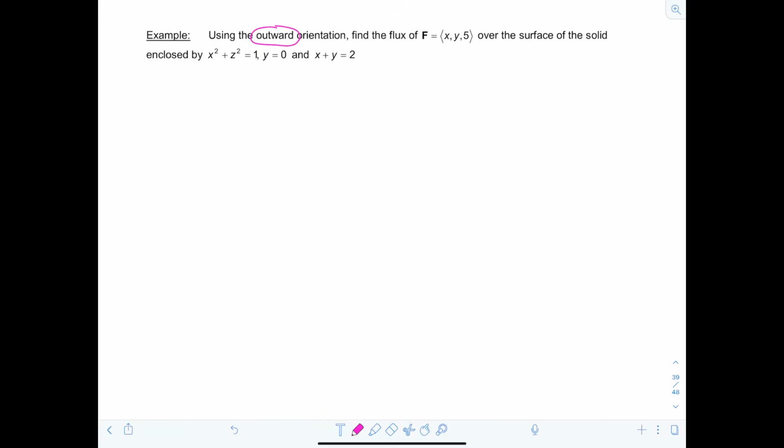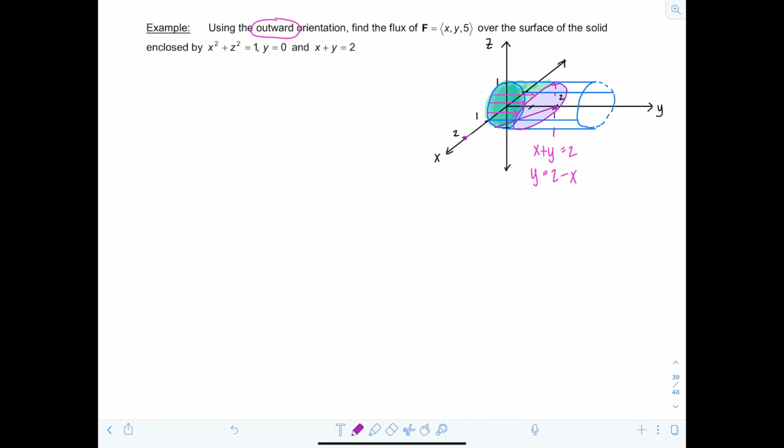Okay, I'm going to go steal our other picture and come right back because I don't want to redraw it. So remember, we had three surfaces here. Surface 1 was the cylinder. Okay, I'm just going to draw the box myself. So the cylinder, remember, we defined that surface parametrically.